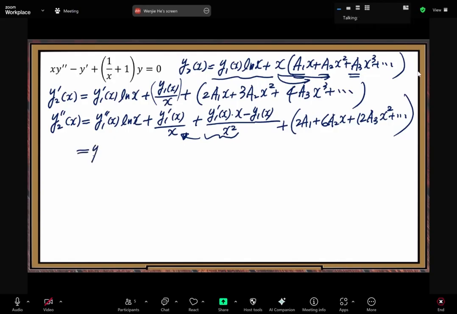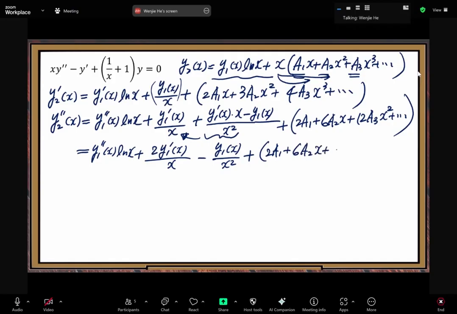So after simplification, you get 2y1 prime x minus y1 over x squared plus capital A1 plus.